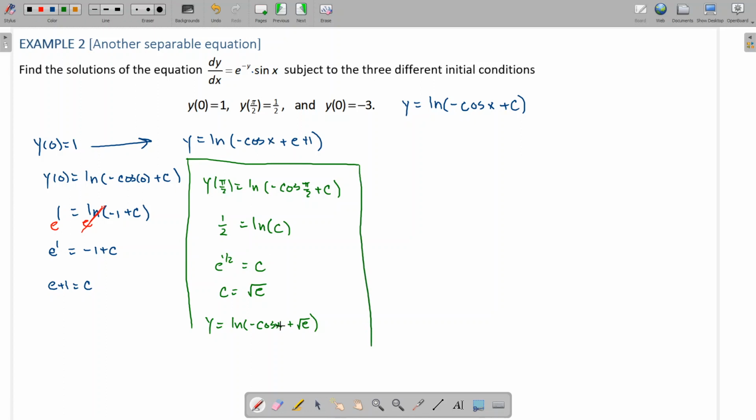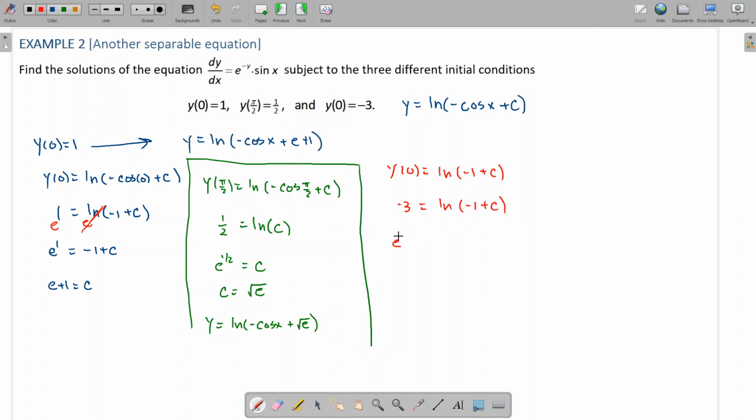So we've got our first one, second one, and then we'll finish with that third one there. So this is y of 0, supposed to come out to negative 3 this time. So we know when we plug 0 in, we can go straight to that form there. We know it's ln of negative 1 plus c, but it's supposed to be equal to negative 3 this time. So negative 3 equals ln of negative 1 plus c. Exponentiate both sides.